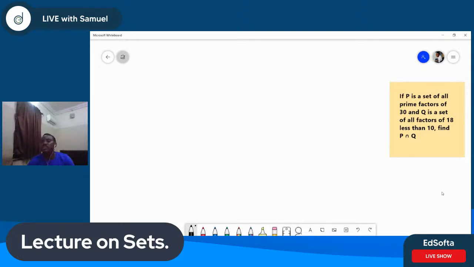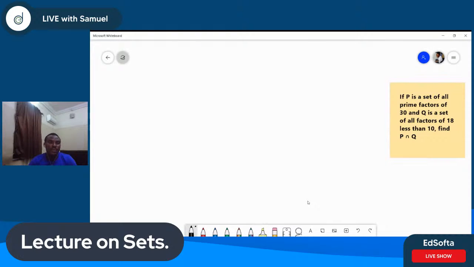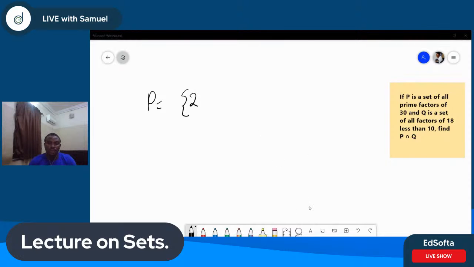So it says if P is a set of all prime factors of 30 and Q is a set of all factors of 18 less than 10, we should find P intersection Q. So all prime factors of 30. So how do we get the prime factors of 30?